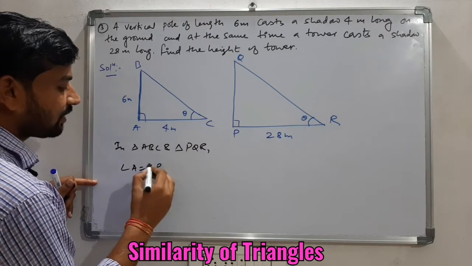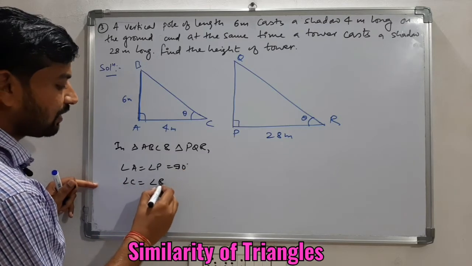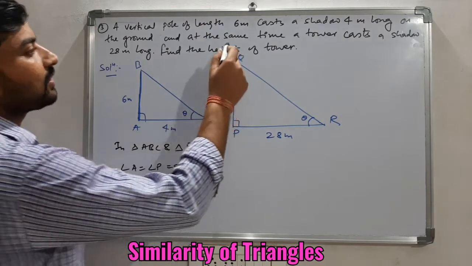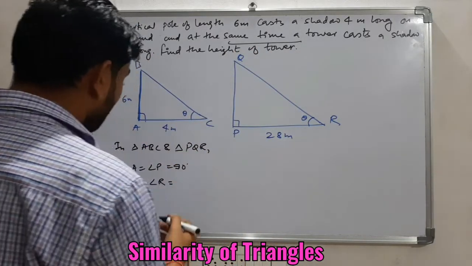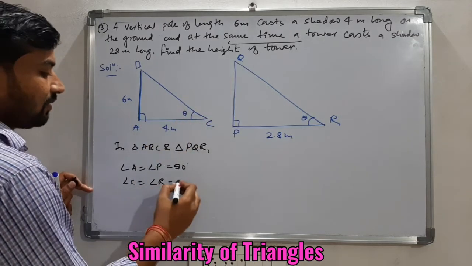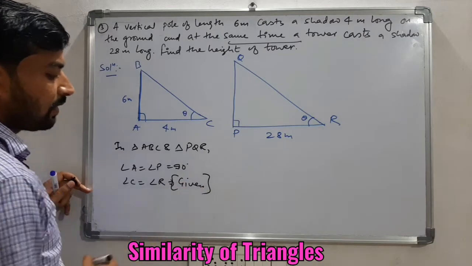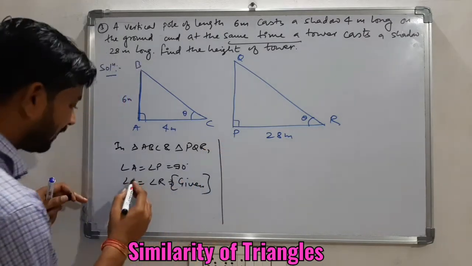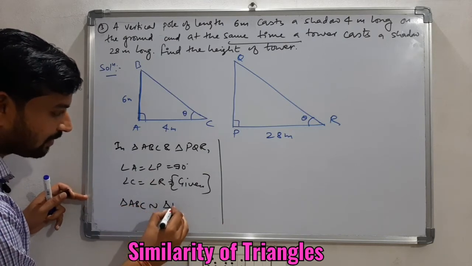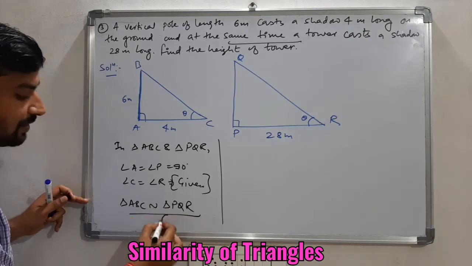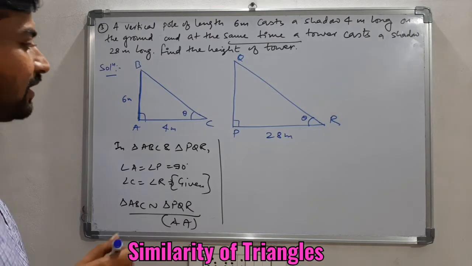Angle A is equal to angle P, both 90 degrees, and at the same time angle C is equal to angle R. It is given in the question that at the same time the angle of inclination will be the same. If two corresponding angles are equal, we can write that these two triangles will be similar by the AA rule, so we can take the ratio of corresponding sides as equal.